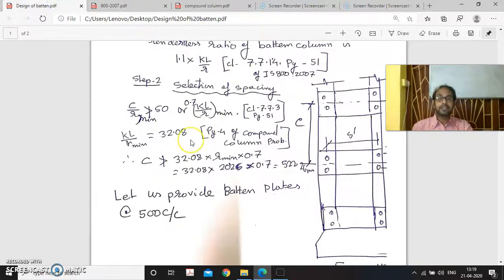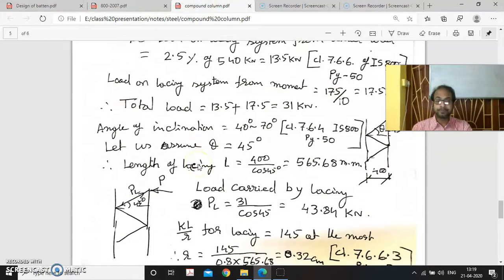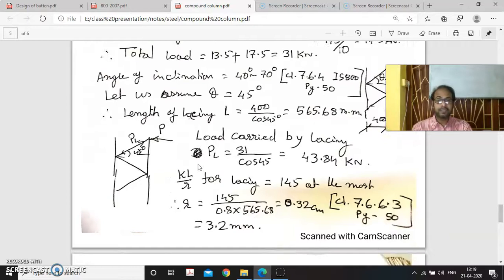So we have checked it, that we have referred to in the previous problem. In our compound column problem, we know that the KL by r was 32.08, which is there in our previous problem. You see here, we have done it here in page 4.